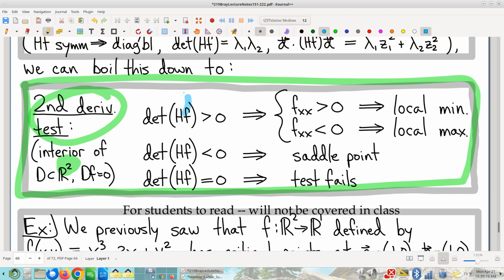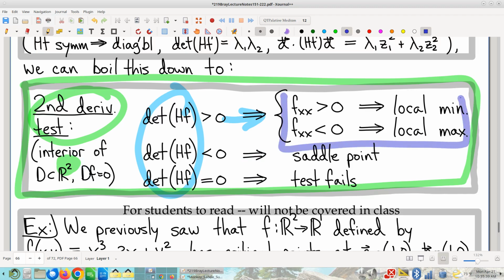The first thing we have to do is look at the determinant of that second derivative matrix, the Hessian matrix. And each of those possibilities, positive, negative, or 0, gives kind of 3 separate, what you might call sub-tests. And the first one is the easy one. If that determinant is positive, then roughly speaking, we have something that's going to be kind of like the single variable second derivative test.